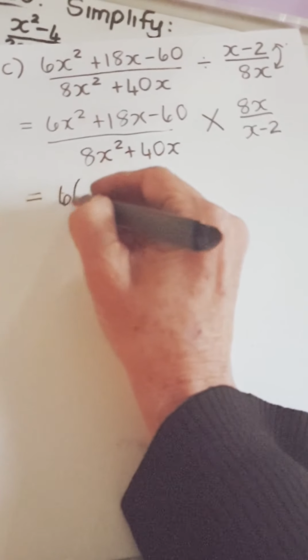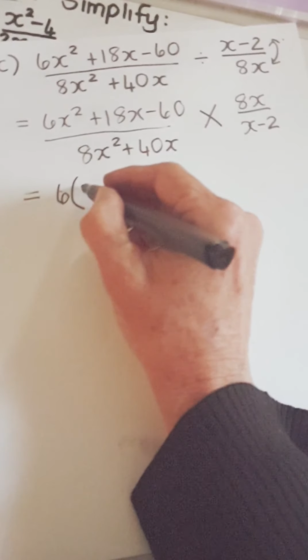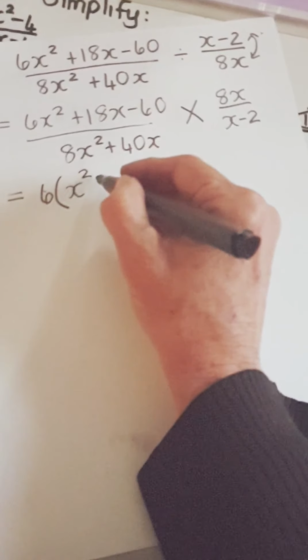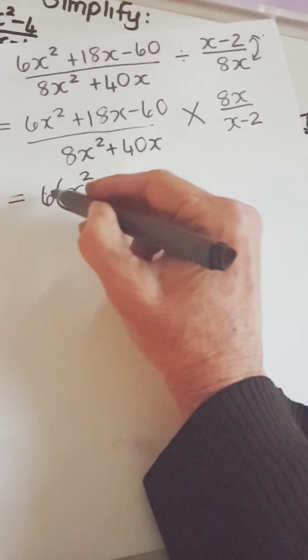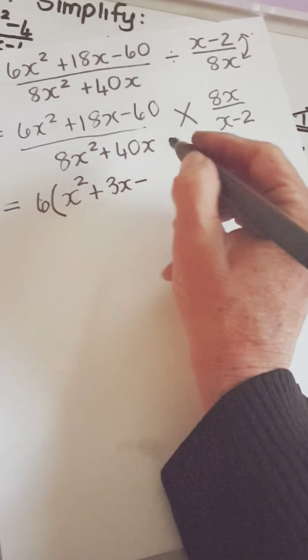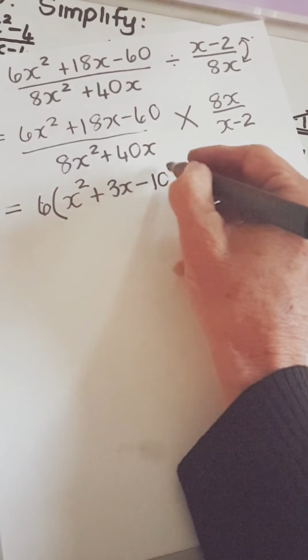So I'm going to take the 6 out. Then I'm going to be left with 6x squared divided by 6 is just x squared plus 18x divided by 6 is 3x minus, and 60 divided by 6 will give you 10.